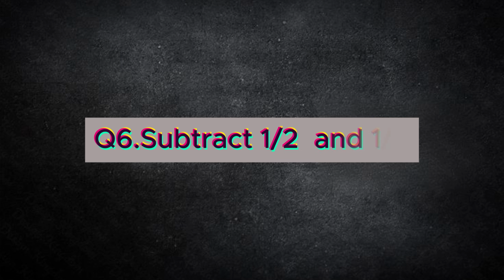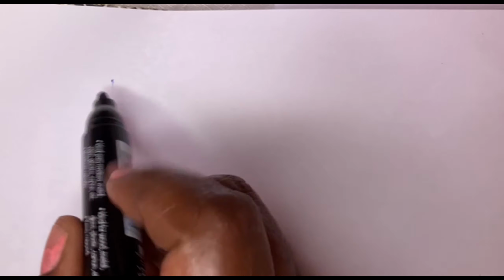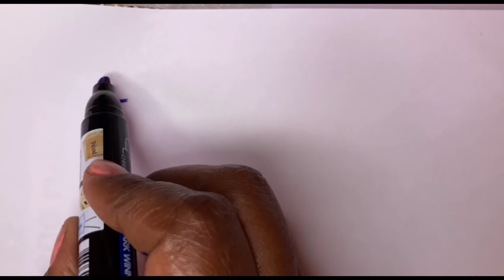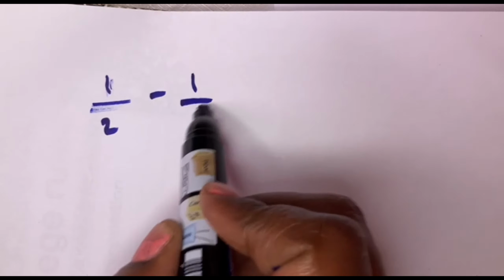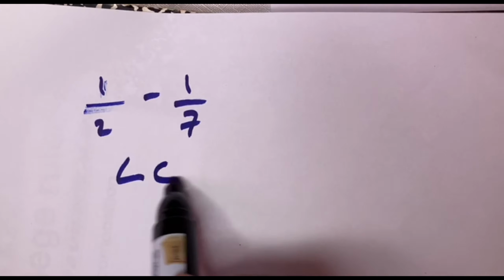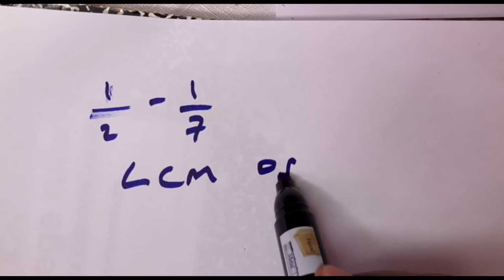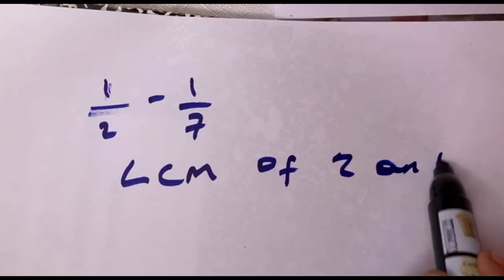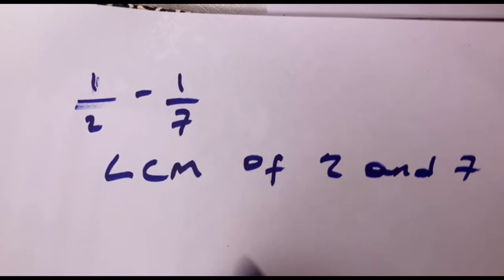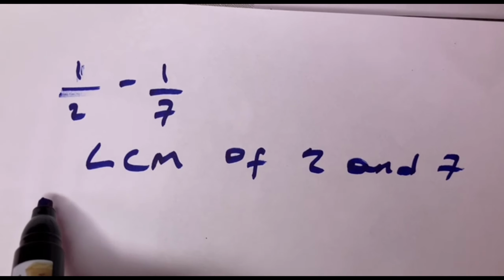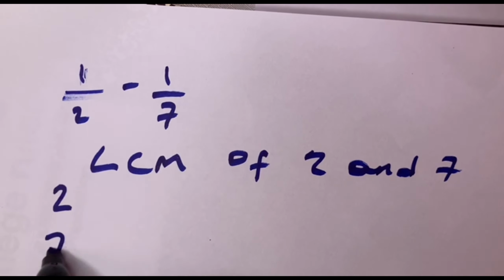Okay. Our last example, let's subtract the following numbers. 1 over 2 minus 1 over 7. LCM of 2 and 7.